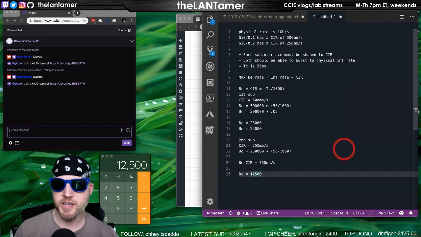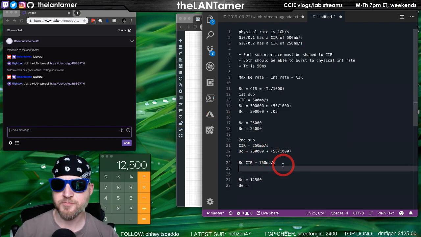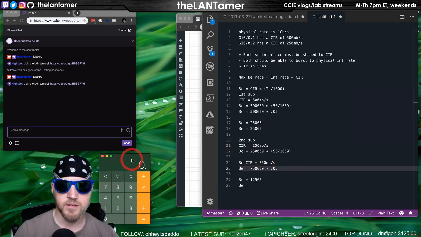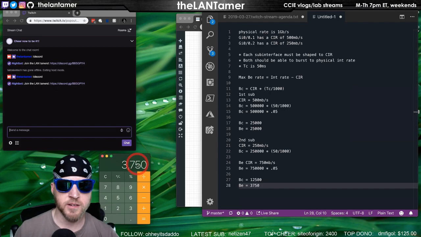So our formula in this case will be 750 million times 0.05. Wait, is that right? No, I left out a 0, I think.